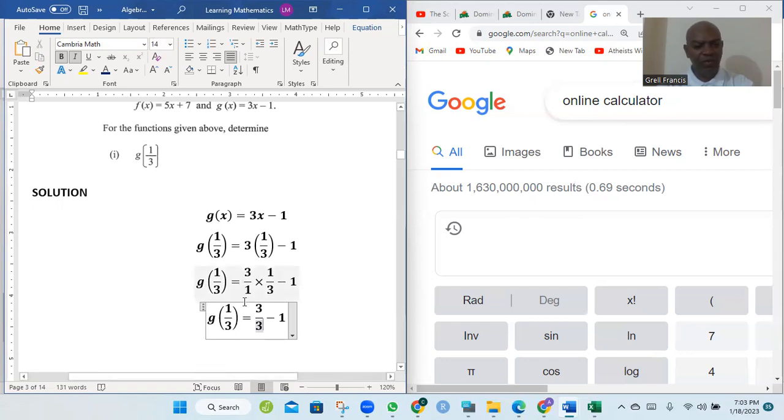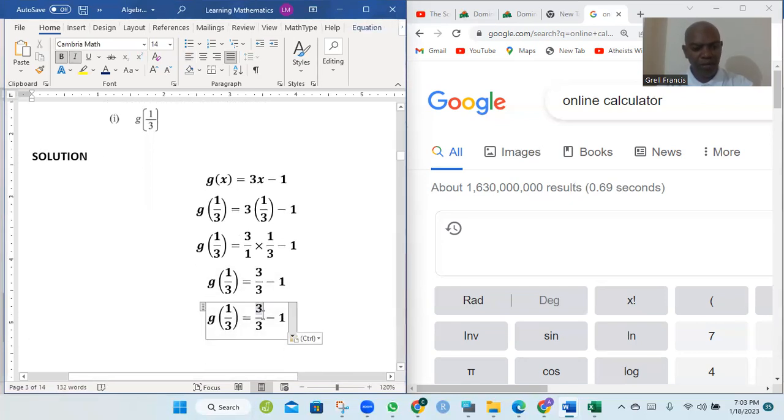So 3 over 1 times 1/3 is 3 over 3. 3 times 1/3 is 3 over 3. Now 3 over 3 is 1. And 1 minus 1 is equal to 0. So g of 1/3 is equal to 0.